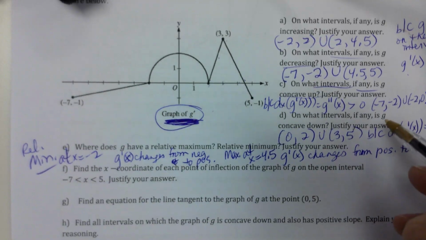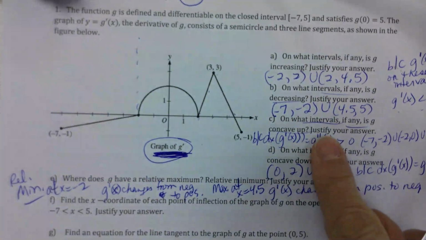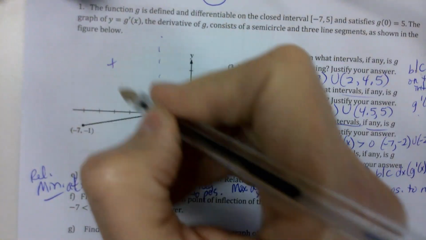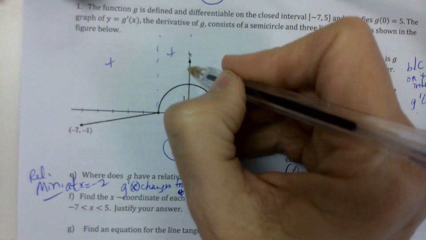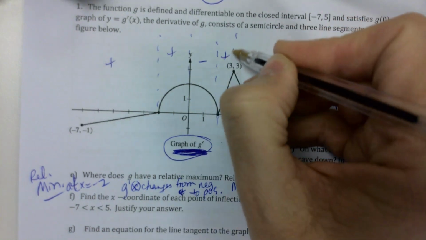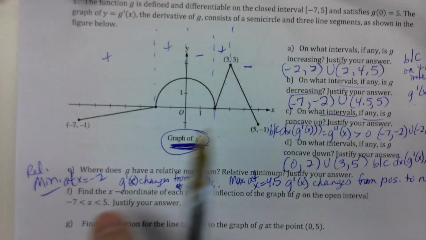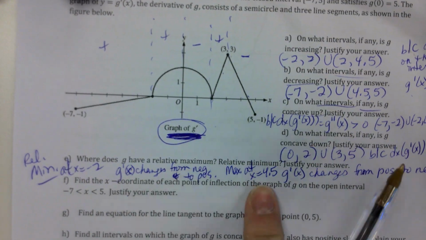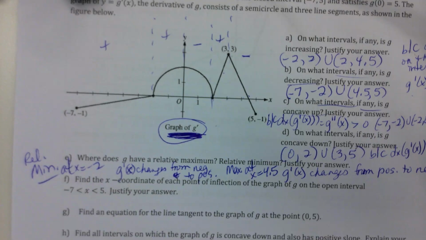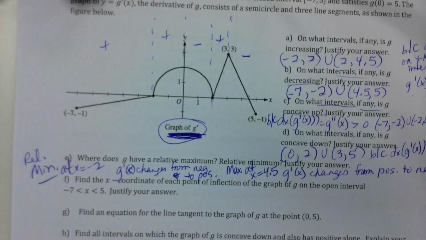For concavity. Concavity we already addressed. Positive slopes, still positive slopes, negative slopes, positive slope, negative slope. That's all concavity. But relative maxes and mins are the first derivative changing. The first derivative is this graph. We're only looking at positives and negatives. Everybody agree with that?